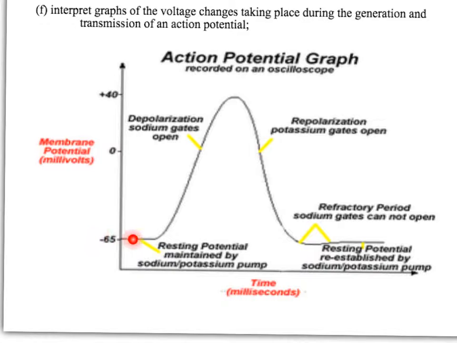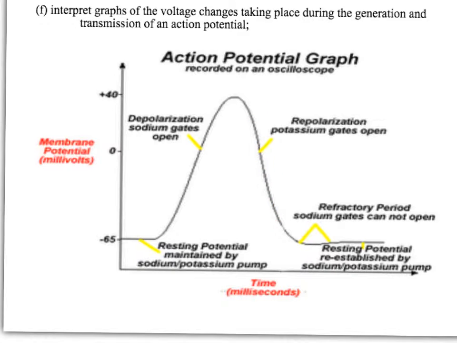So resting potential is about minus 65. We then might have threshold potential, which might be minus 55, and then we've got action potential, which is about plus 40.